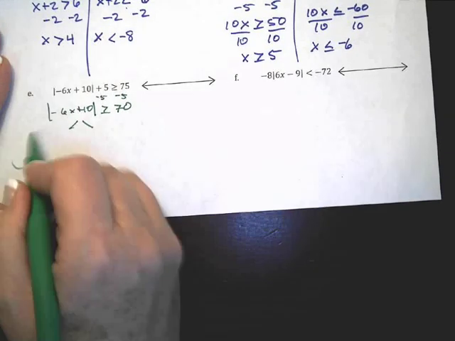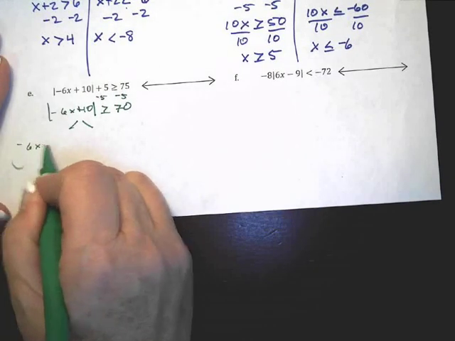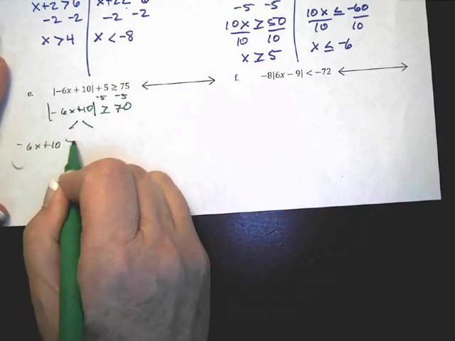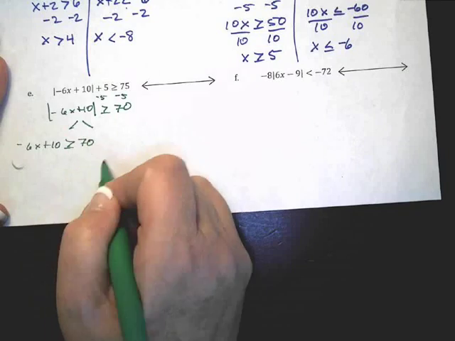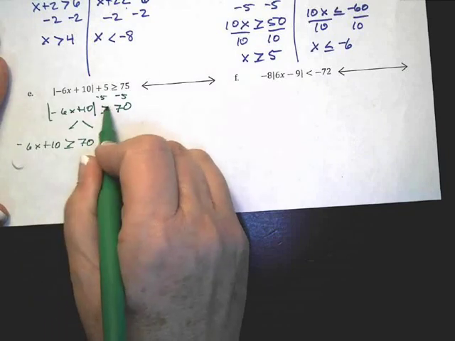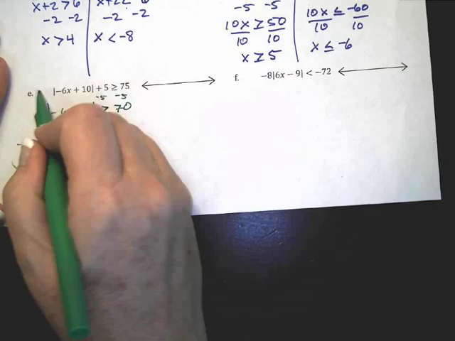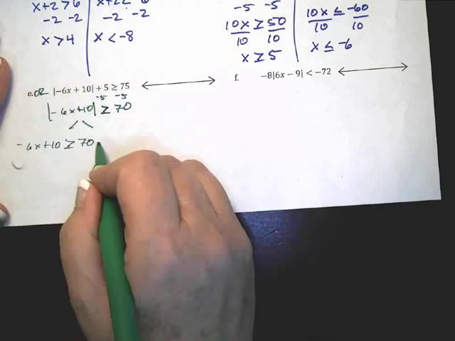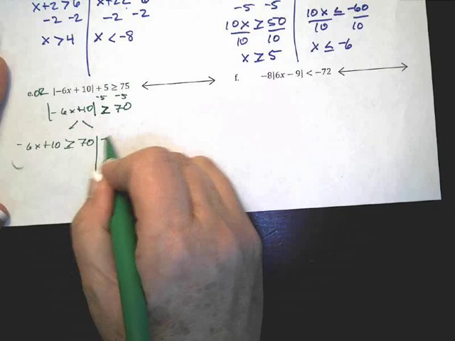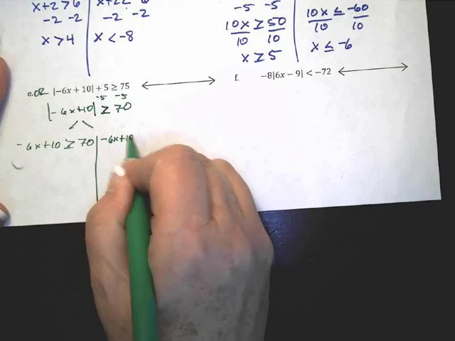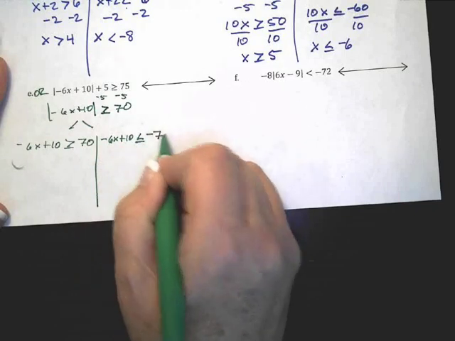Then from here, we split into negative 6x plus 10 is greater than or equal to 70. And this is greater than or equal to, so this is going to be an OR. Or negative 6x plus 10 is less than or equal to negative 70.